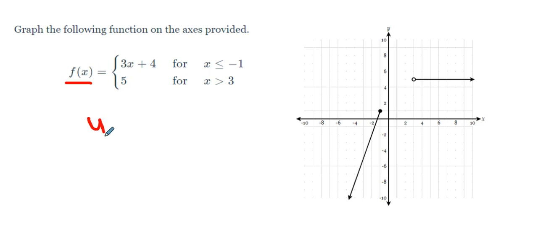So another way to look at the 5 is saying we're looking at y equals 5. And that's just that horizontal line, right here. That, of course, we have to have an open circle because when x is equal to 3, we don't have anything there. But when x is greater than 3, we've got the line y equals 5. So hopefully that helped.